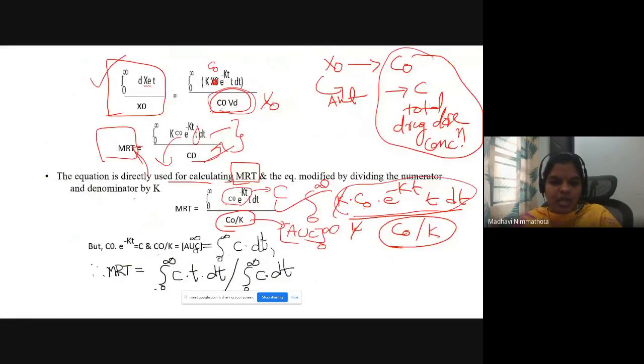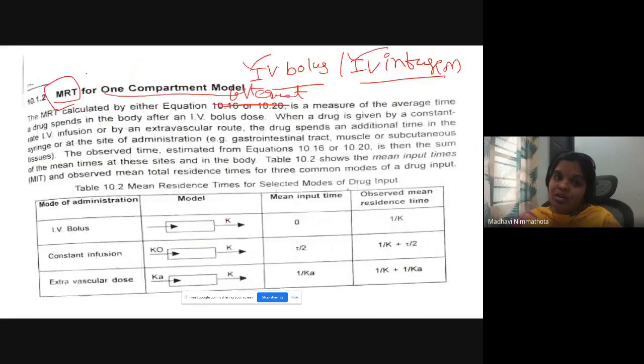This equation is useful to calculate for drugs which follow the one compartment open model: 0 to infinity C t dt divided by 0 to infinity C dt. This is used for calculating all the drug molecules which follow the one compartment open model.